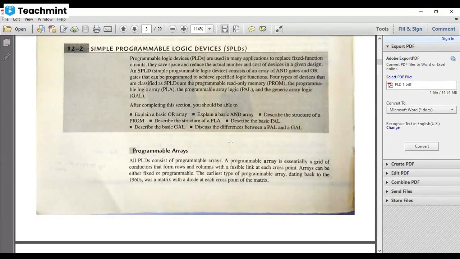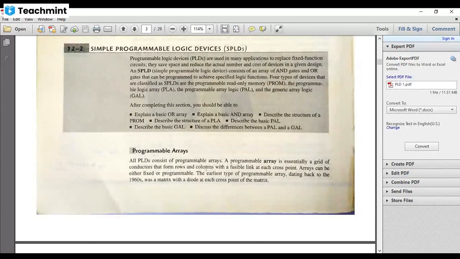Now for these SPLD devices, as we discussed, the basic constituents are the array of AND gates and the array of OR gates. So these PLD devices consist essentially of programmable arrays.